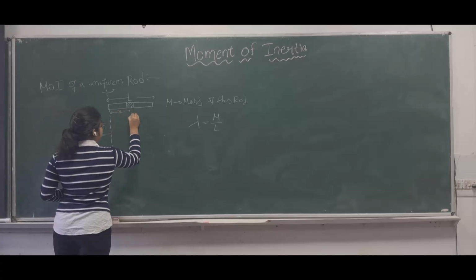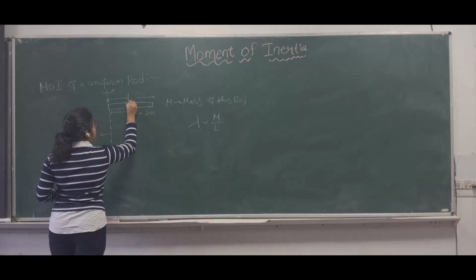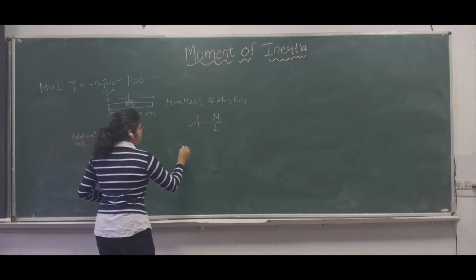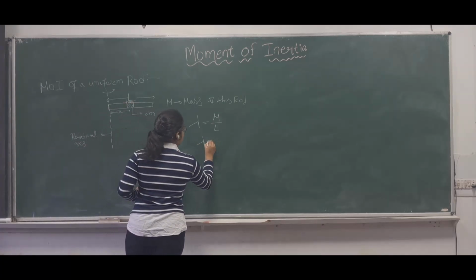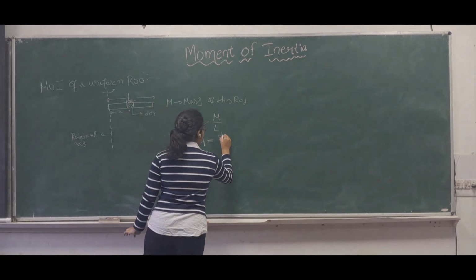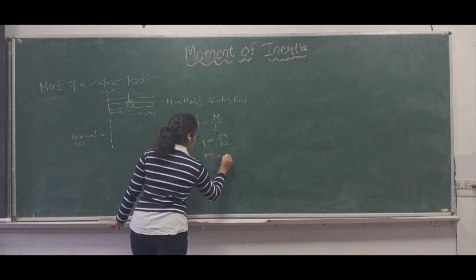The mass of this small element is delta m and its length is delta x. Therefore, the mass density of this small element is delta m by delta x, so delta m equals lambda times delta x.